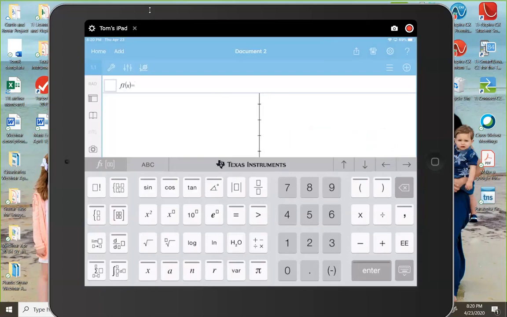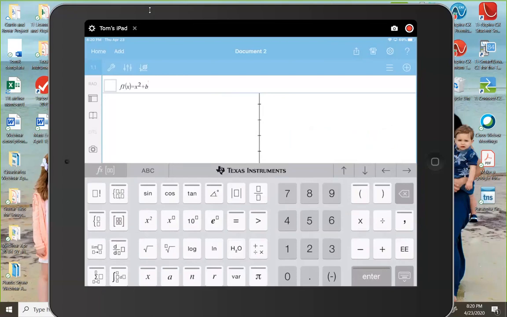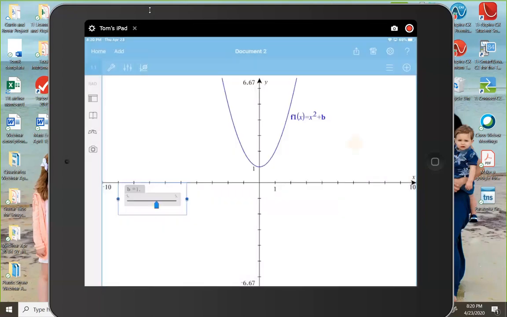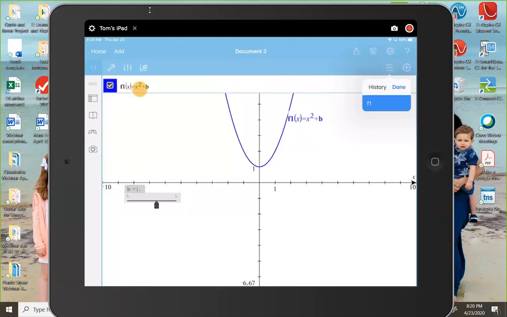So again, I'm just going to go with x squared plus some constant, maybe b this time, okay? And I'm going to create a slider. And now when I go and I hold down the equation, not there. Not on the equation, on the graph itself. Okay. Do a long click there, you should get that menu.